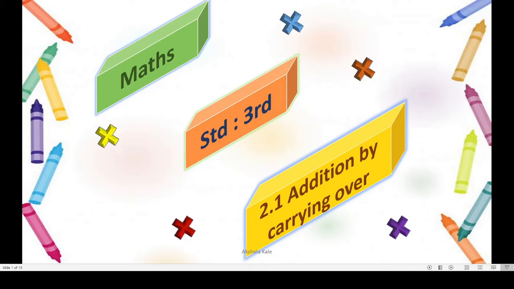And you know how to add, subtract and multiply. Addition without carrying over, you know. Today we are going to learn how to add numbers by carrying over. Okay?